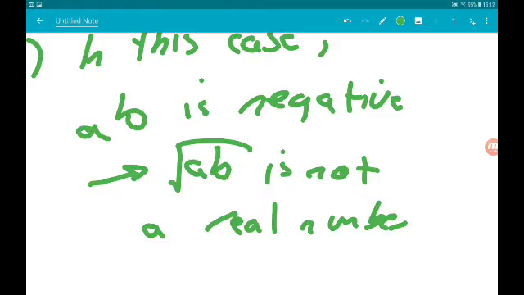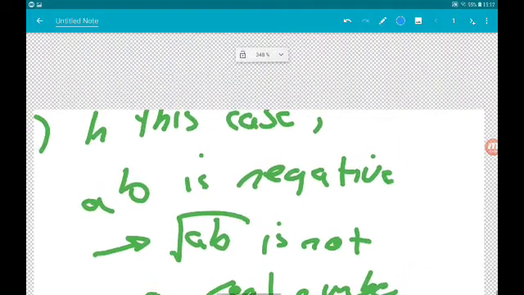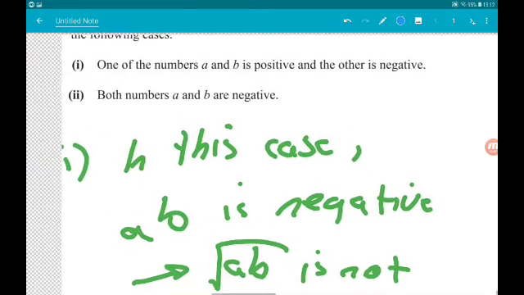You can't square root a negative number unless you're doing further maths and we use imaginary numbers.